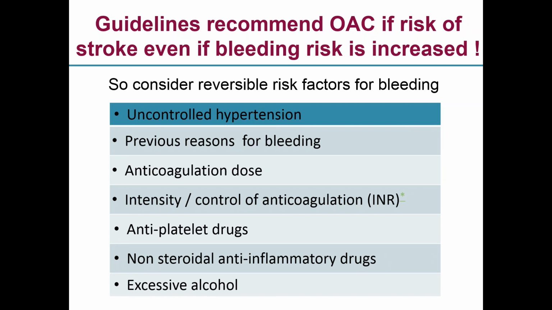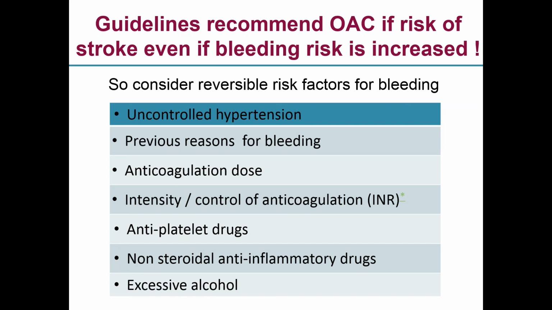Renal function is a major driver of blood levels and bleeding risk. So if they've got renal dysfunction, it's very important to reduce the dose. That relates to the intensity of control of the anticoagulants. With poor INR control, you either try to improve the control and get people in the therapeutic range more, or switch them over to Dabigatran if that's possible.